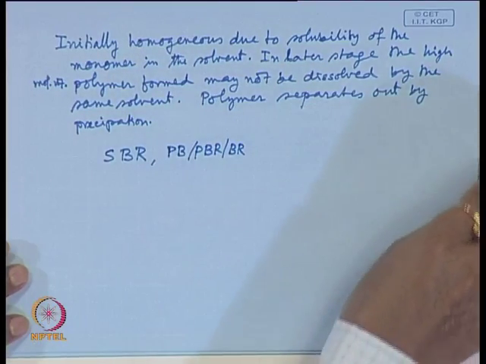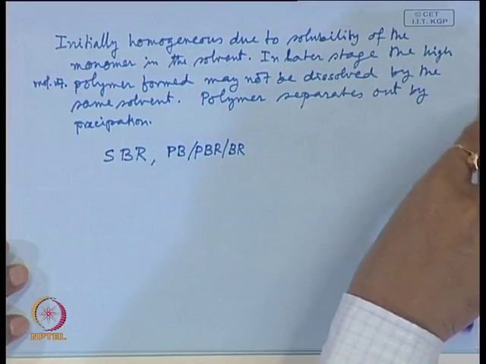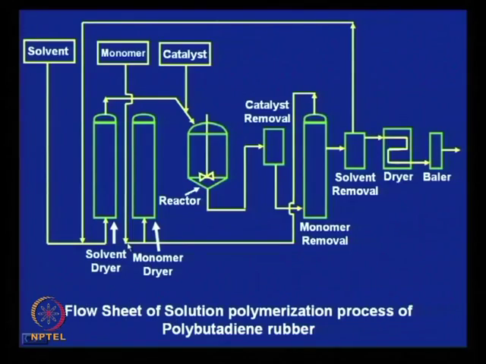Now, here you look at this flow diagram. Solvent, as the solvent. Now, the solvent may contain some moisture, other thing. So, that moisture or water is to be removed. So, the solvent has to pass through a solvent drying unit, solvent dryer. Okay.